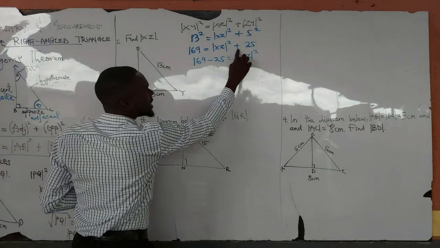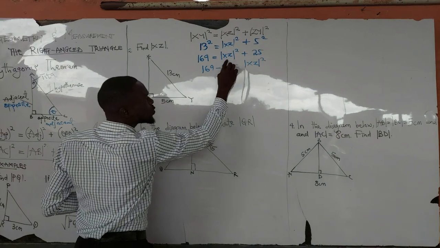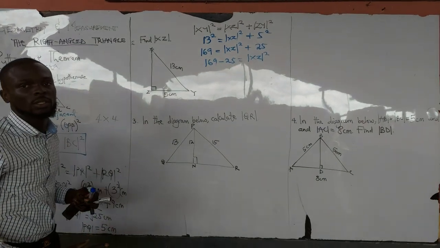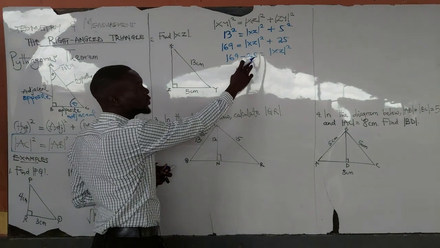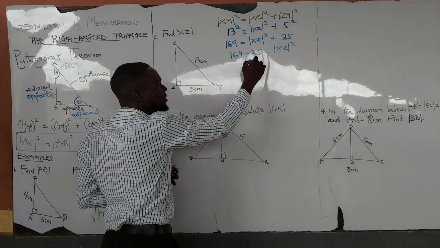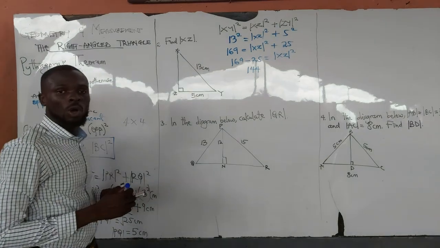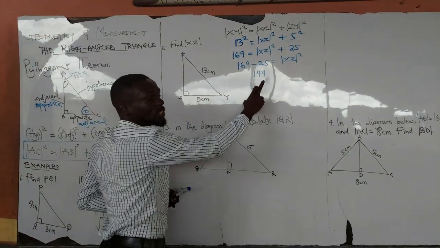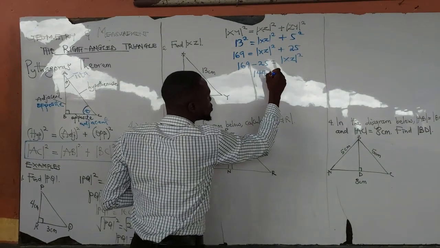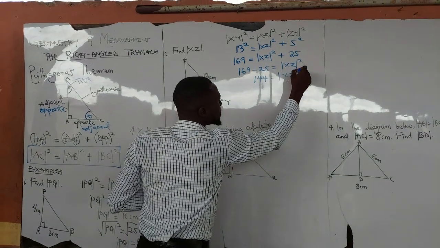We are just lifting this one to this side so that this one can stand alone. After subtracting, we get 144 as our answer, because this minus this is 144. Then we equate this to xz squared.